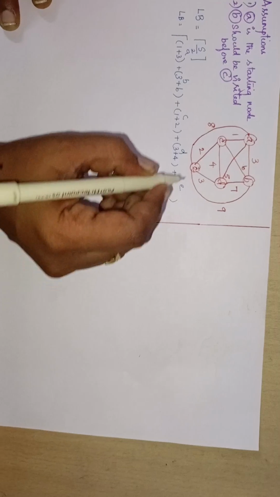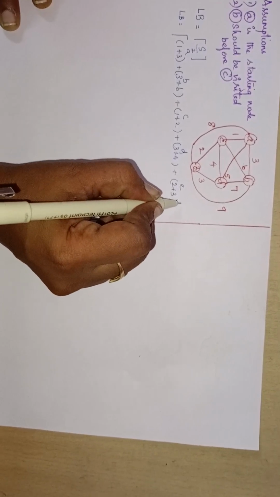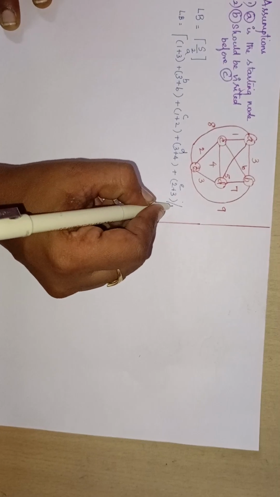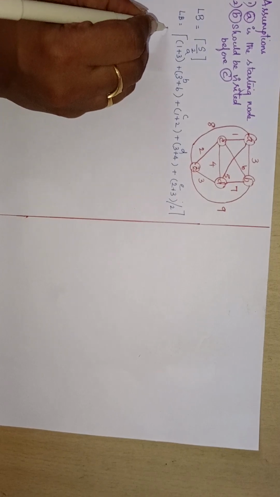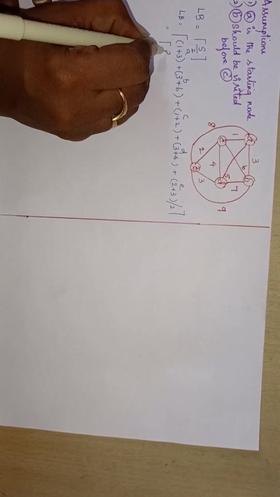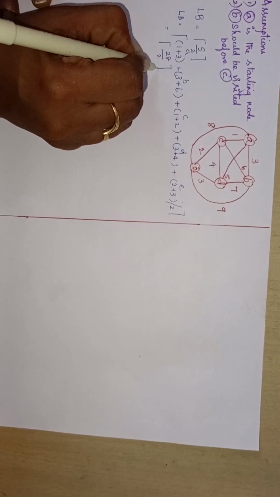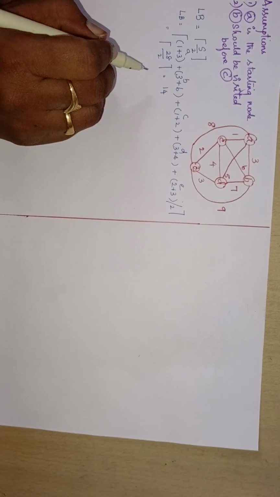For E, the closest distances are 2 and 3, so 2 plus 3. Divided by 2, and it is the ceil. So when you add all these, you will get 28 by 2, which is 14. So this is the lower bound.